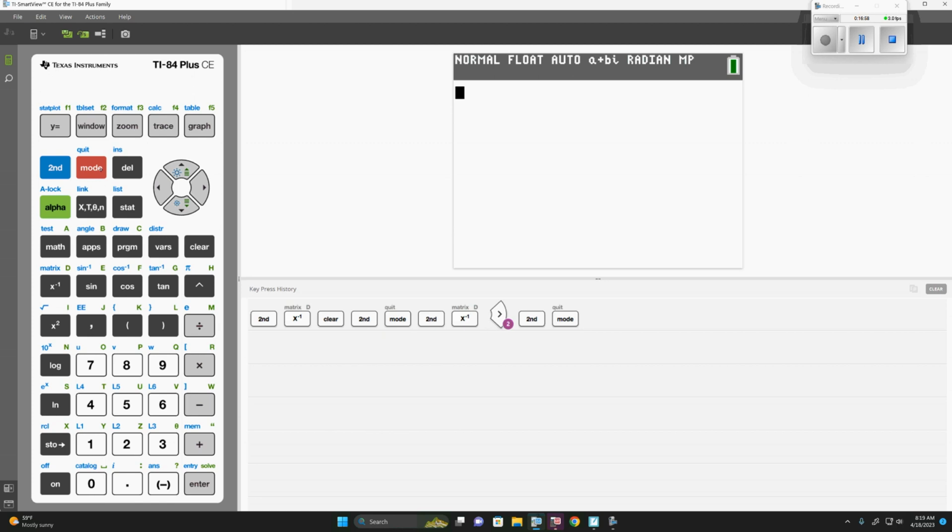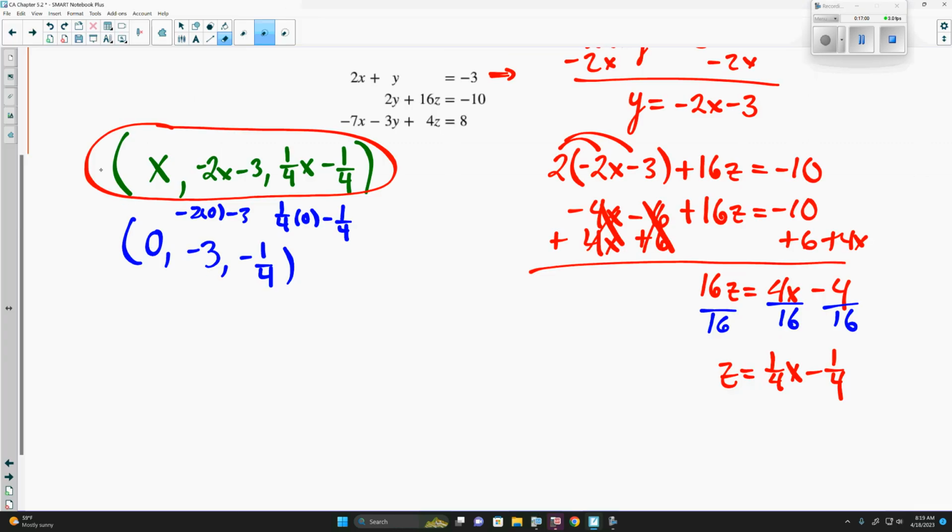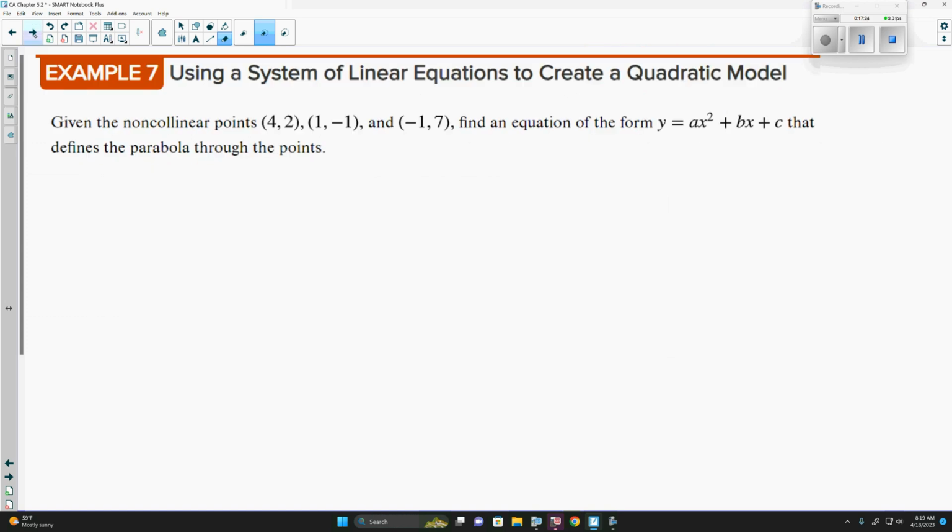But the main thing I would say for this here in getting this set up to be able to find the solutions is pick one of these equations to try to get x or y or z by itself, and then get the others in that form as well. And if you do have questions on that, please ask, because we can go back over that together.